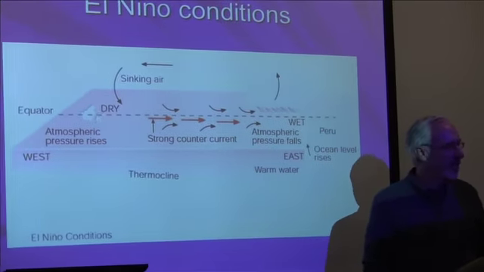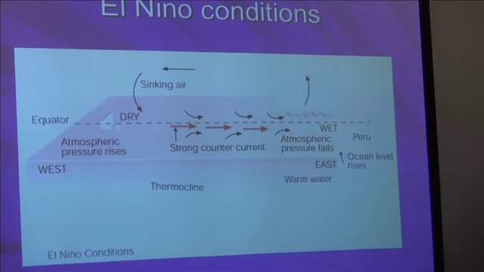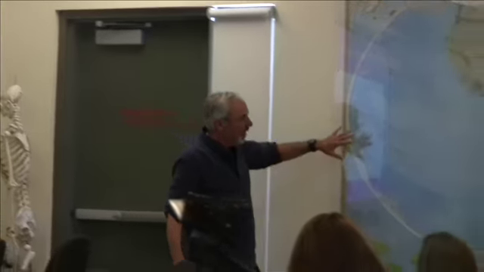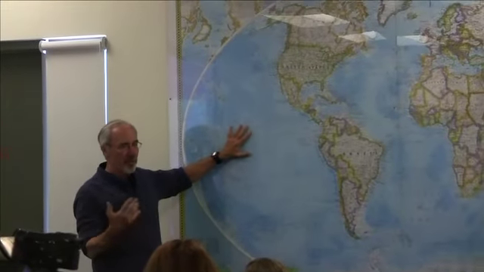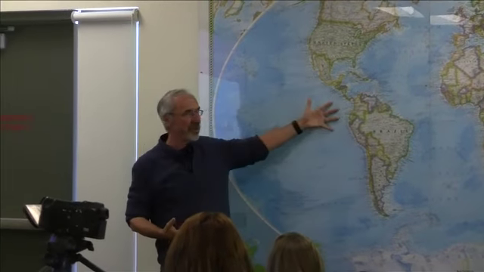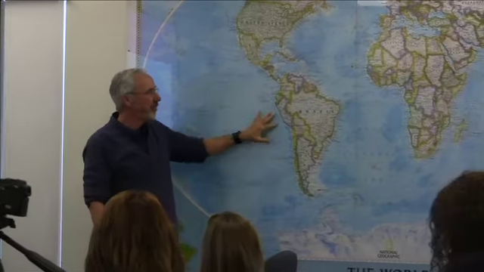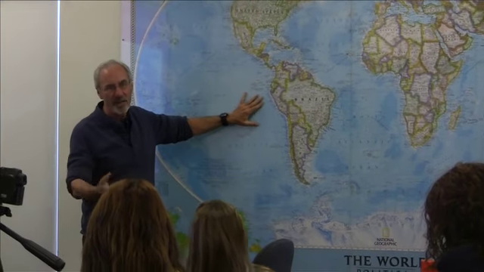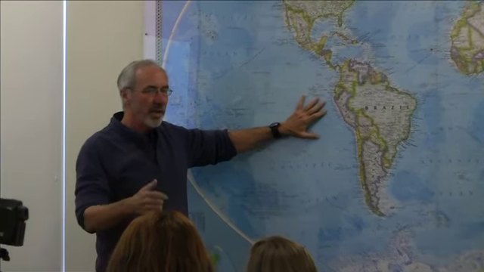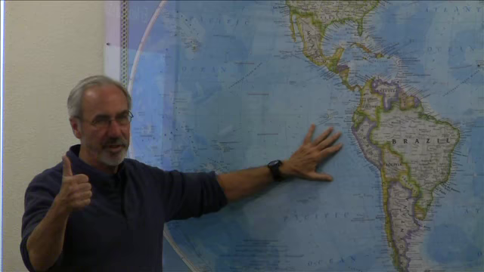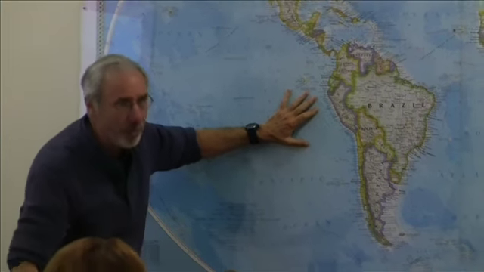I know you look very puzzled. Why? What's going on here? Okay, here's the deal on this. One of the first times one of these reversals was recognized, the Peruvian fishermen were out here, and they usually go out in December in the wintertime. They go out there, and number one, there's no anchovies. Number two, wow, this water's warm.